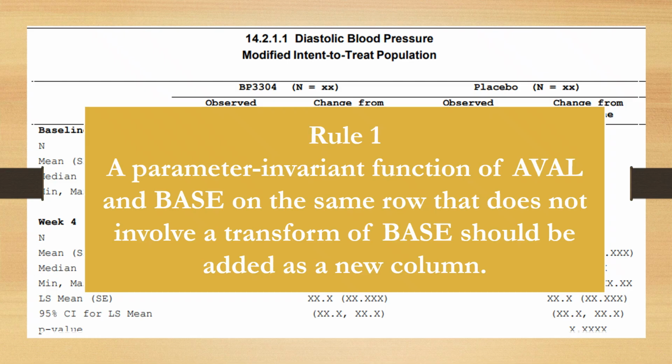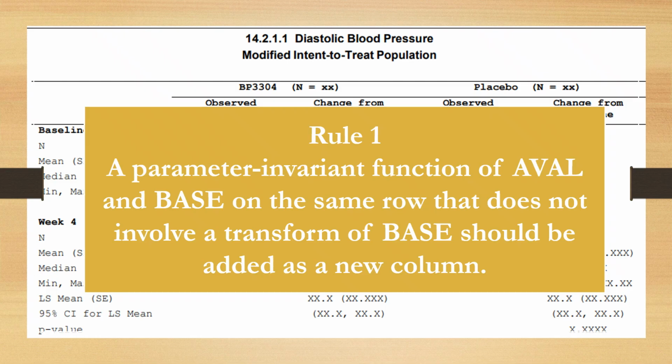That means even if the parameter changes, the formula to calculate the change from baseline will be the same. Another point to note is that it will depend on the AVAL and BASE values on the same row, and it does not involve the change in the base values of the record.